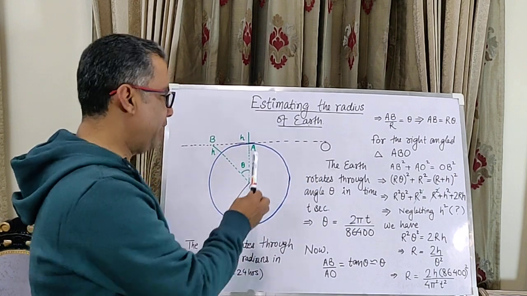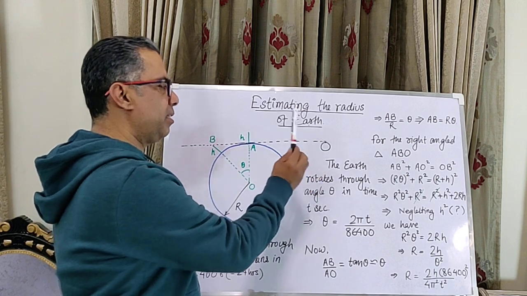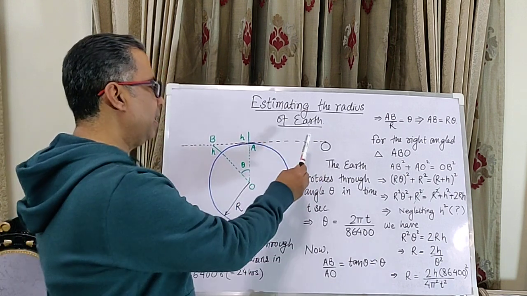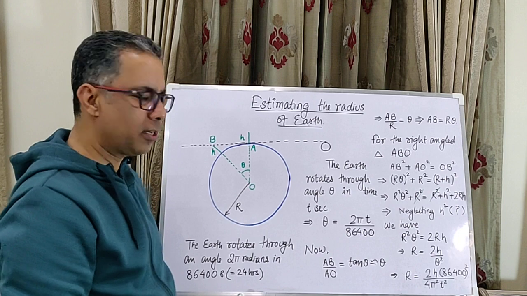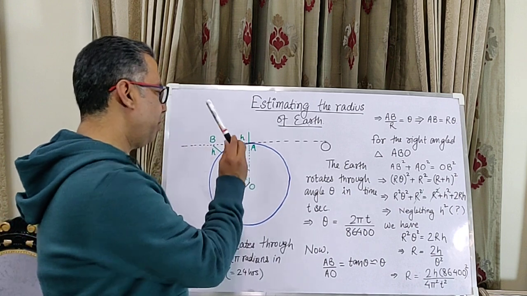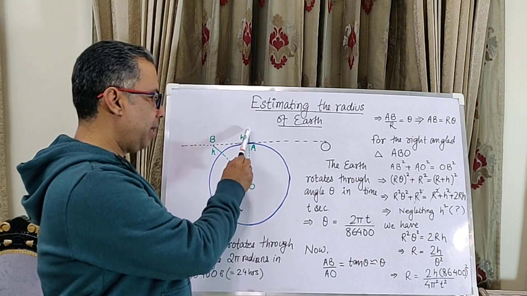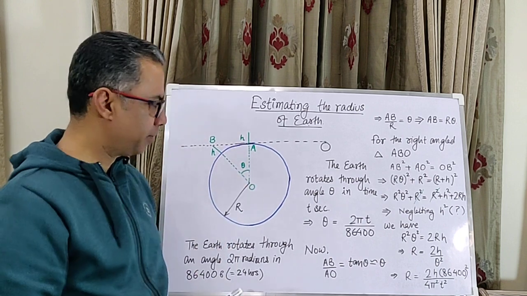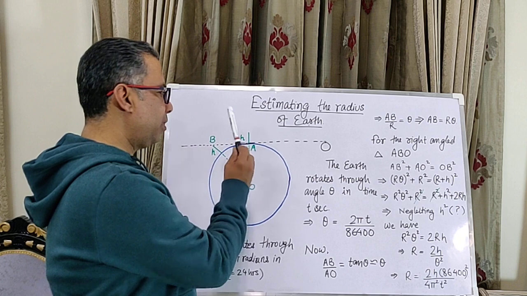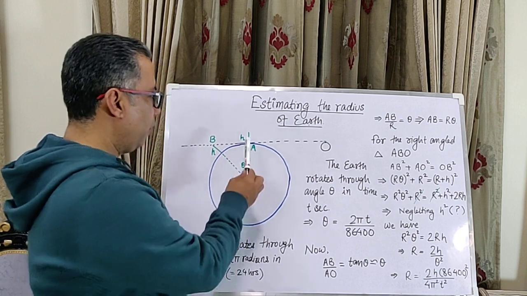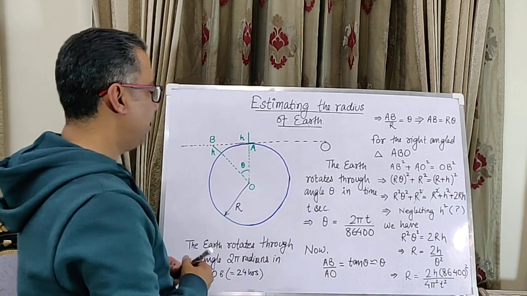We were lying here on the ground and the sun has just gone below the horizon. We start the stopwatch and get up, which brings our eye level to a height h above the ground.